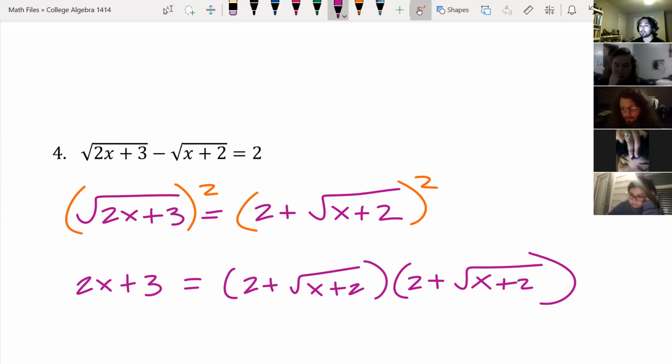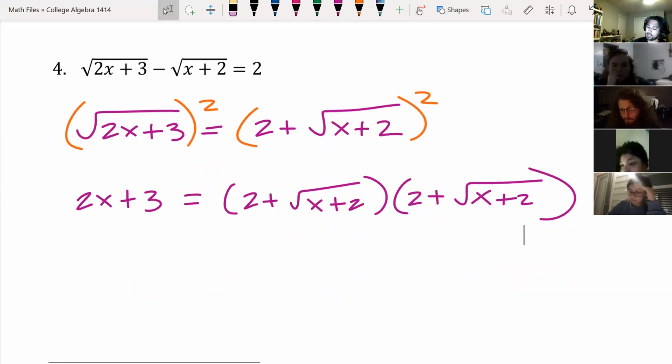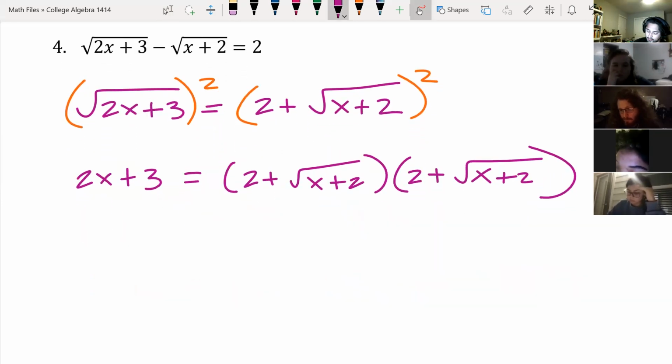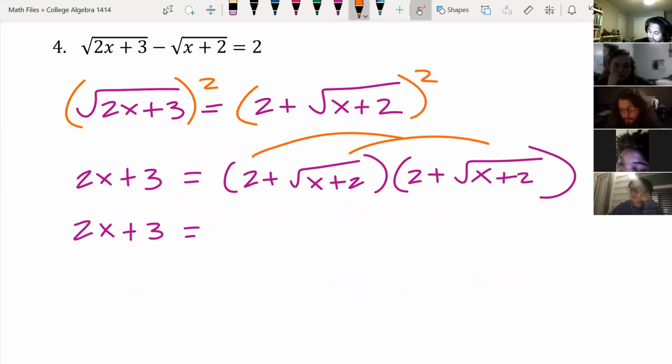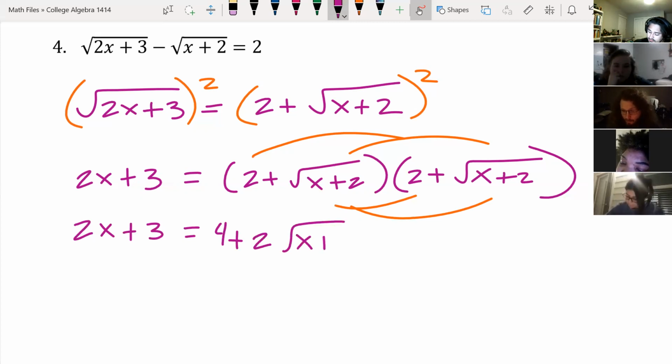Okay. So now we square both sides. We still have a lot of cleanup on the right side to do. So the left side's perfectly fine. And now we must FOIL everything over here. So you'll get 4 plus 2 square root of x plus 2 plus 2 square root of x plus 2 plus, good question for you.